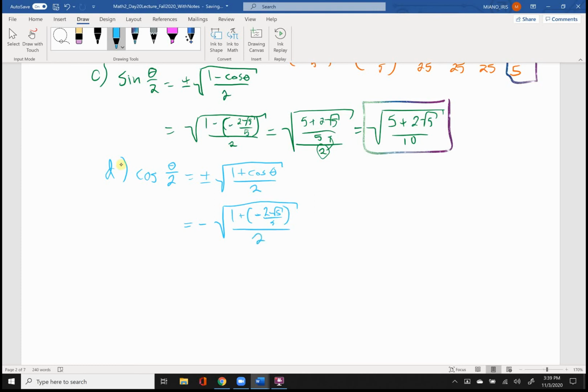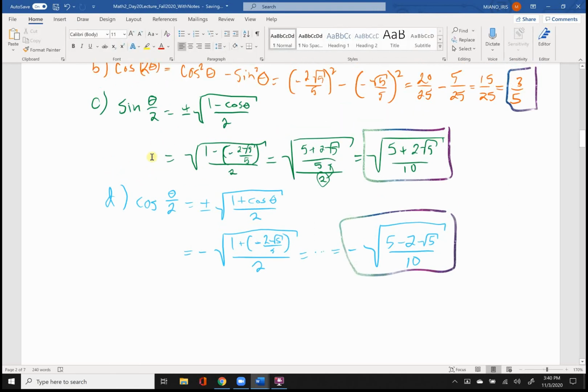Doing the same thing here as that first step, making the common denominator and having the 2 absorb into the denominator, there are some algebraic steps in between, similar to what was done up here, and we will get our final answer of negative square root of 5 minus 2 root 5 all over 10. All right, 4 down, 2 to go.